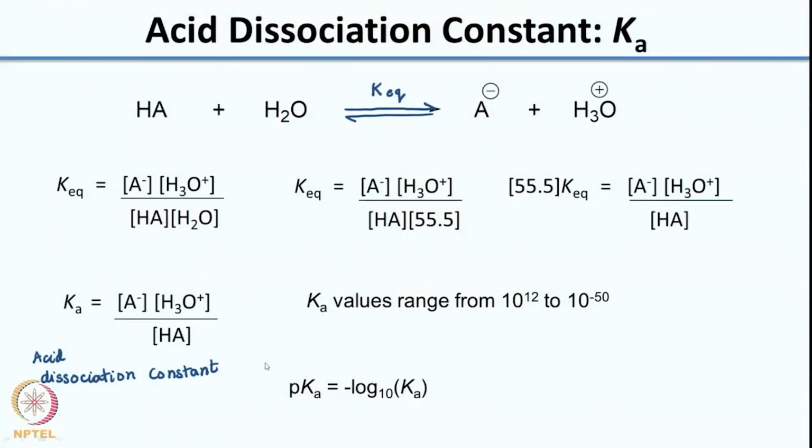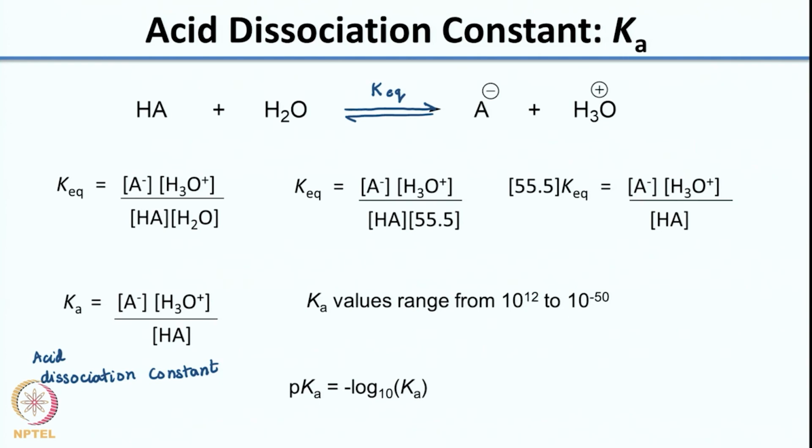So to make it easier for you to compare, another scale is used very often, which is the pKa. When you compare pKa of two acids, it gives you an indication of the acid strength. So pKa is defined as minus log to the base 10 of Ka.